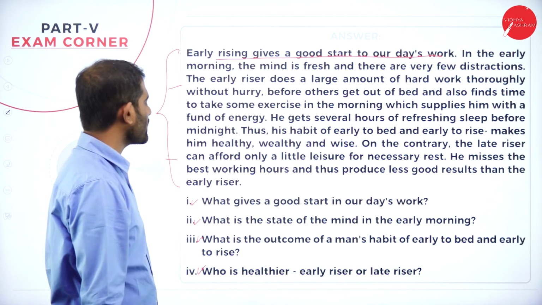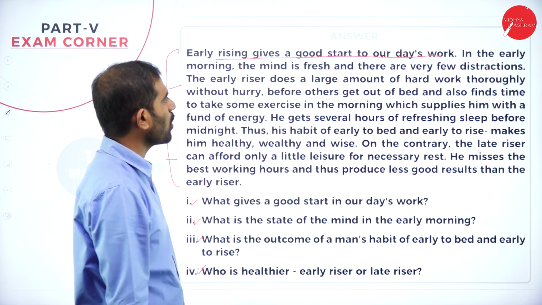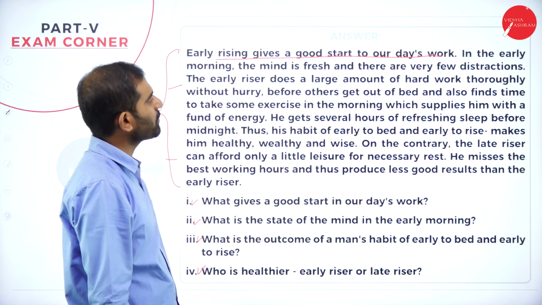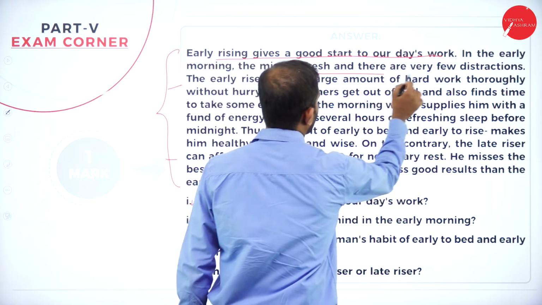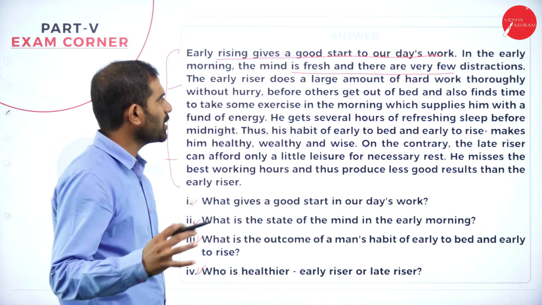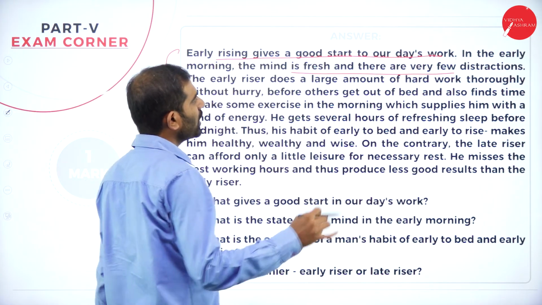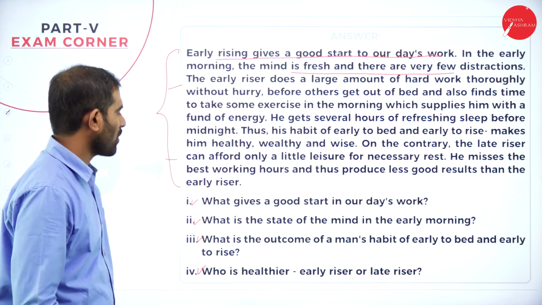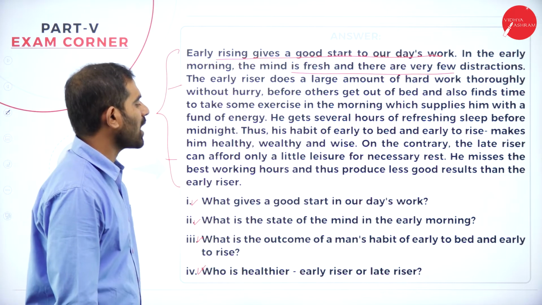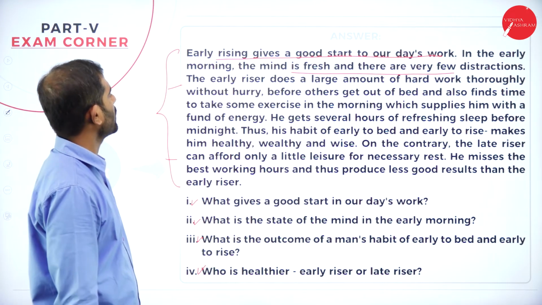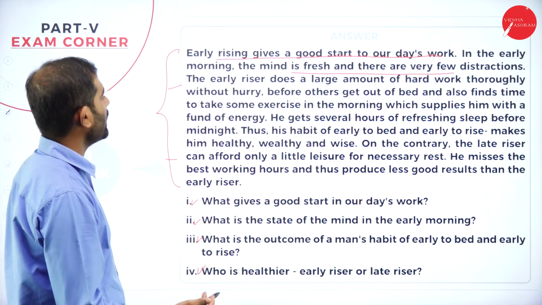Yes. And what is the state of the mind in the early morning? In the early morning, the mind is fresh and there are very few distractions. Simple. The mind is fresh and there are very few distractions. What is the outcome of man's habit of early to bed and early to rise? So let us see.